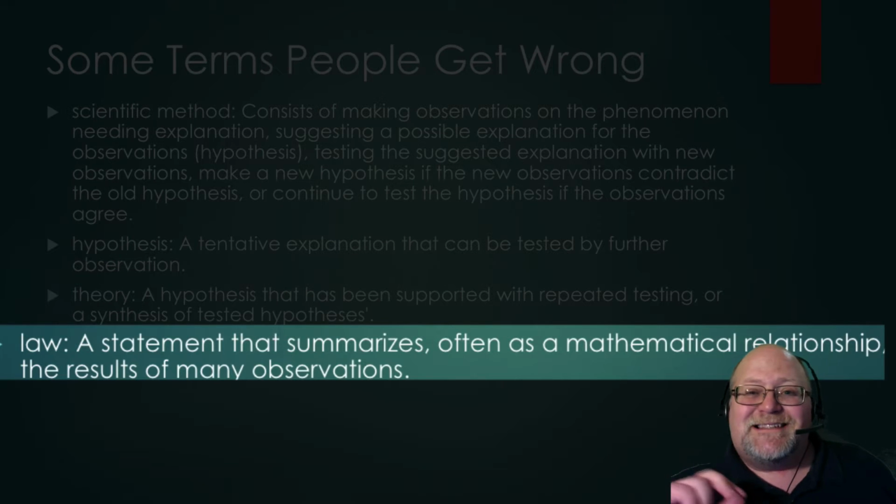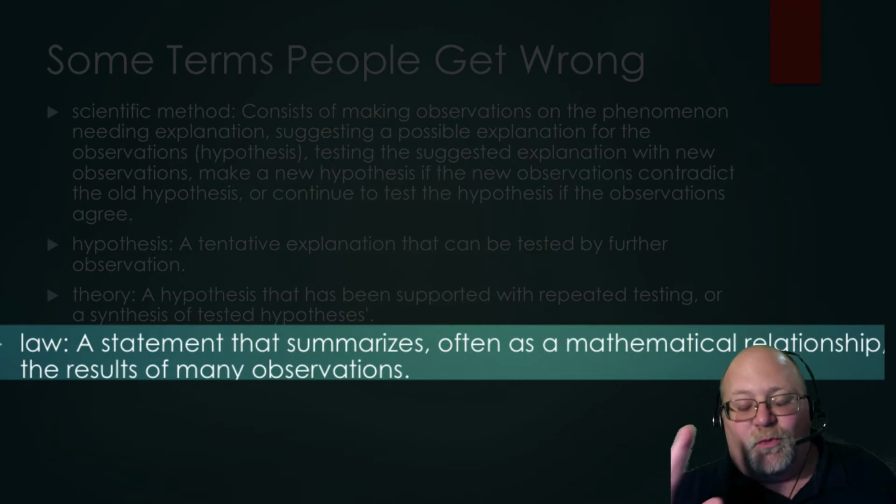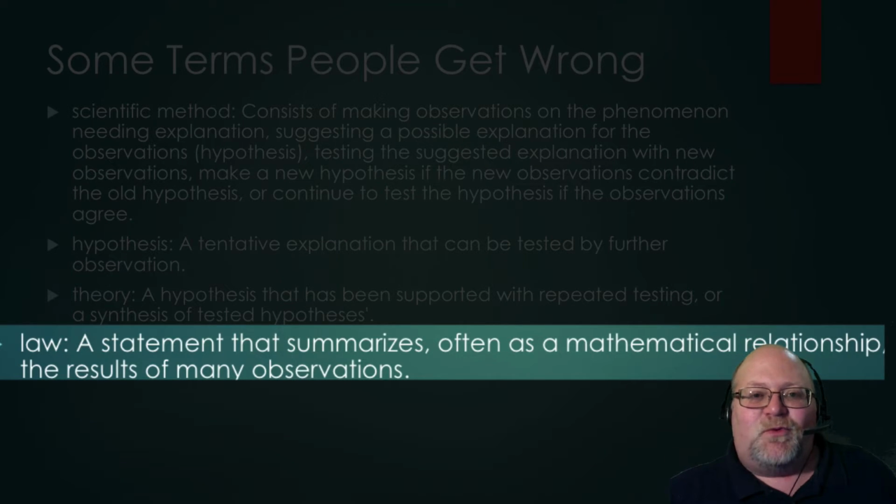So you can set it up as a mathematical relationship. Acceleration is proportional to the force and inversely proportional to the mass. We'll talk about that later. Relax. But that's what we mean by a law.